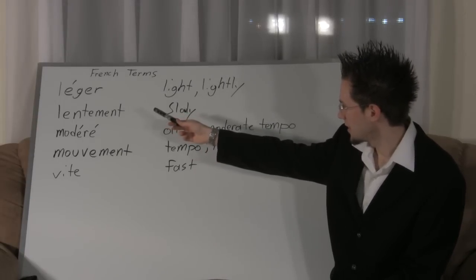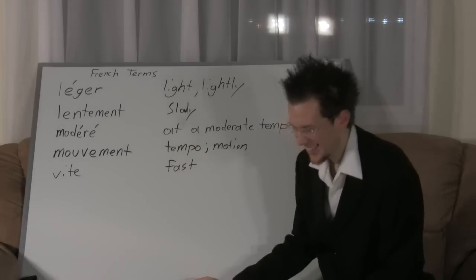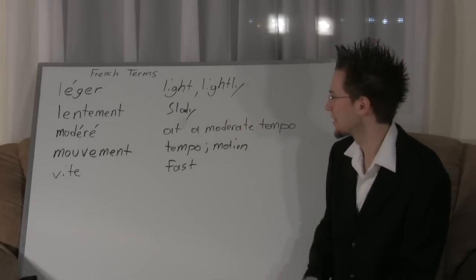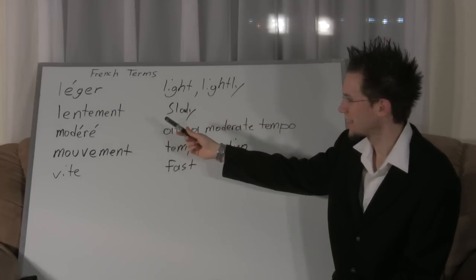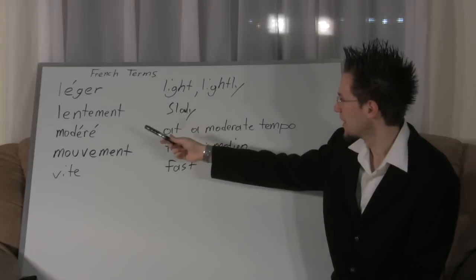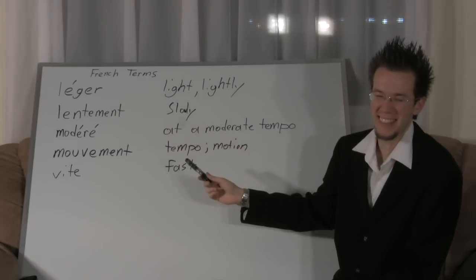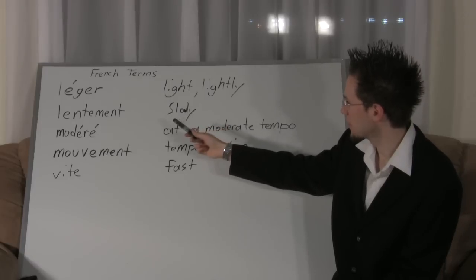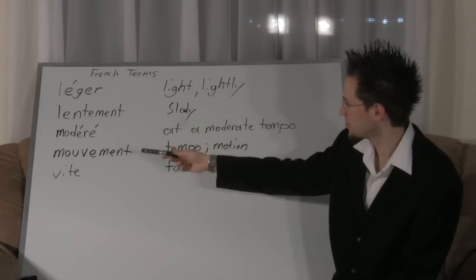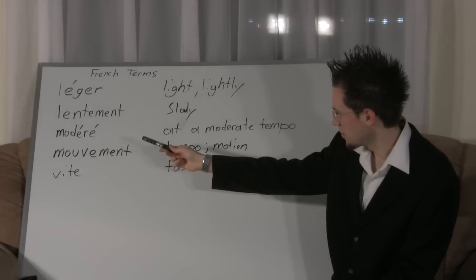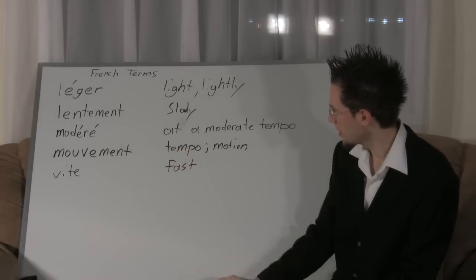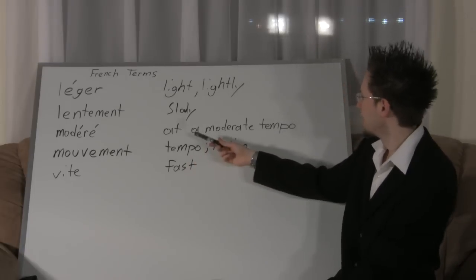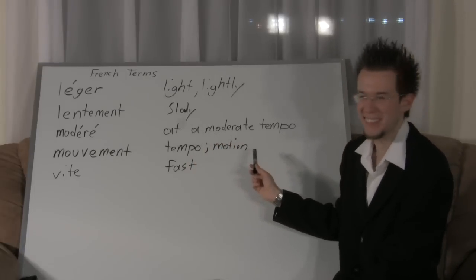So anyway, okay, French terms. Léger: light or lightly. I really have no idea how to pronounce it. Lentement: slowly. I don't know if that's right. Modéré: at a moderate tempo.